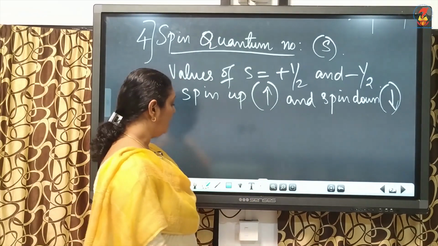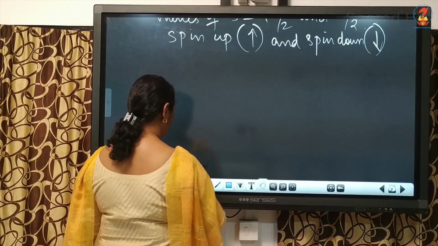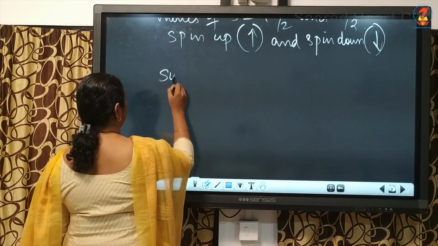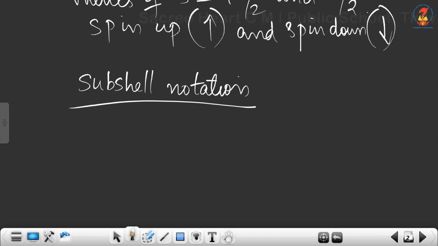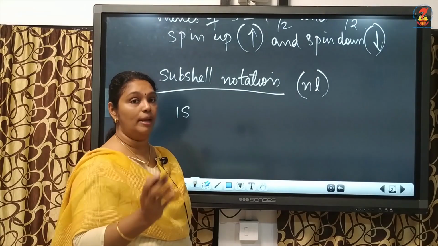Okay. Now next, let's see subshell notation. Denoted as nl. n is the principal quantum number and l is the azimuthal quantum number. Now, if you are given the orbital as 1s orbital, you can write n value, l value and m value.